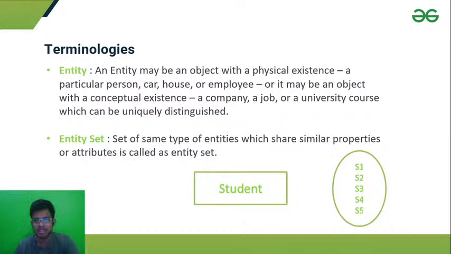A university course doesn't have a physical existence; it only has a conceptual existence. So what is an entity? An entity is an object which can be uniquely distinguished from all other objects.